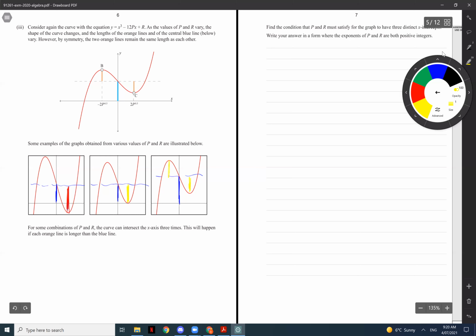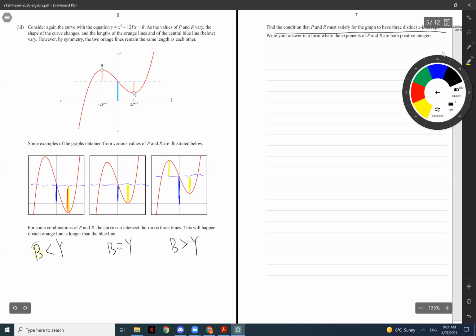Let's check the first case: the blue line is less than the yellow one. In this question they say orange. For the second case, the blue line and the orange line are equal. In the last case, the blue line is larger than the orange line. Just these three cases: smaller, equal or larger. But the question asks which one gives you 3 x-intercepts.